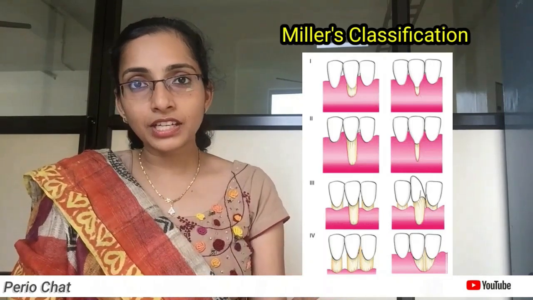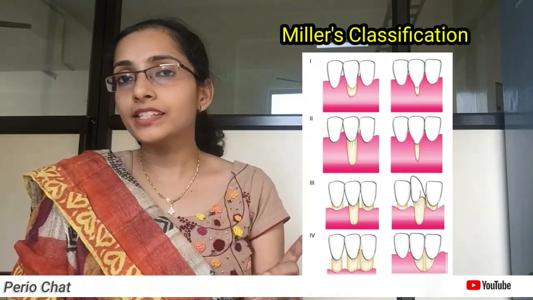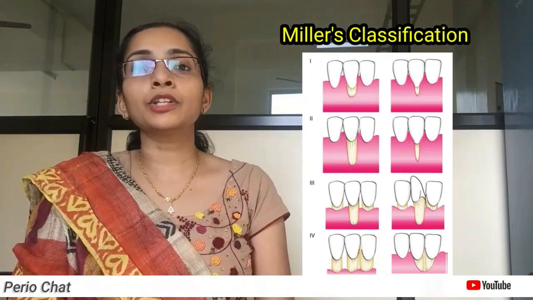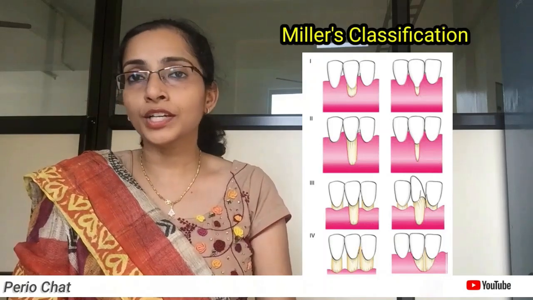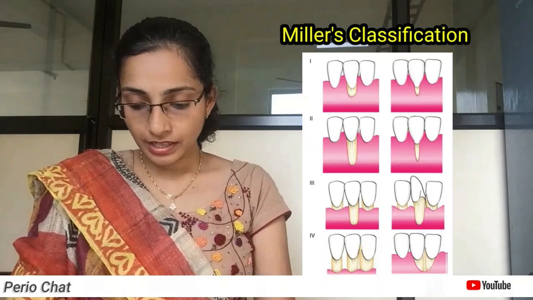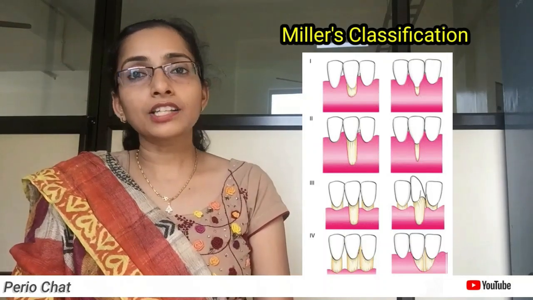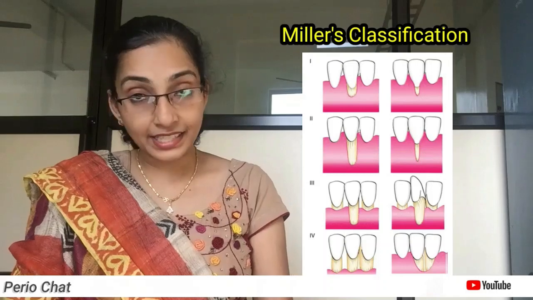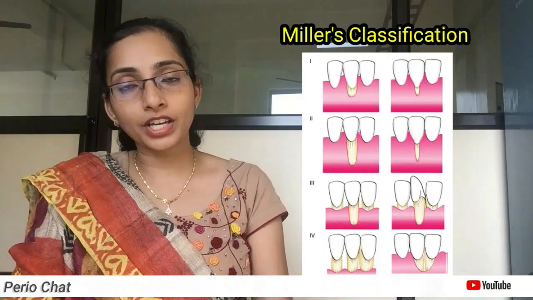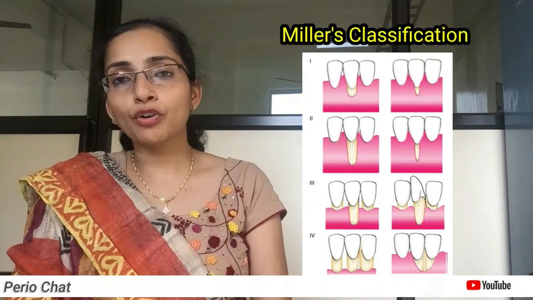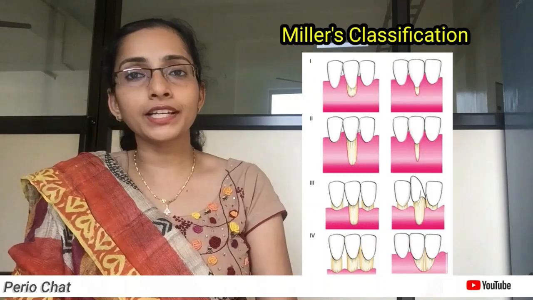There is recession, but it has not extended up to the mucogingival junction, plus interdentally there is no bone loss and no soft tissue loss. That was class 1. Class 2 is marginal tissue recession that has extended beyond the mucogingival junction, but there is no soft tissue loss or bone loss in the interdental area.